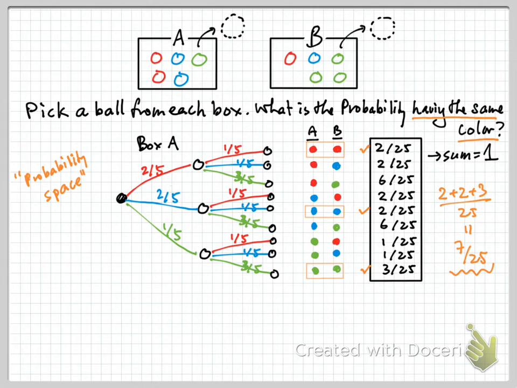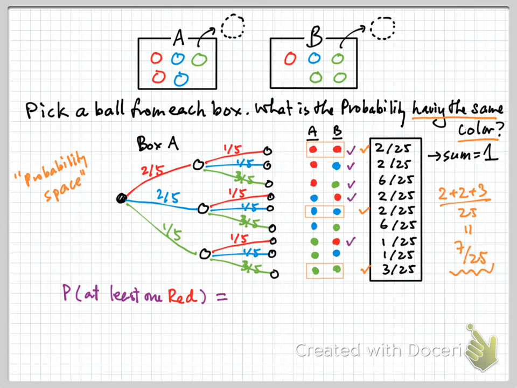Say, for example, if I want to ask what is the probability of having at least 1 red? Then you just refer to the same tree diagram and cherry pick the results you want. At least 1 red means it's this one, this one, this one, and this one.